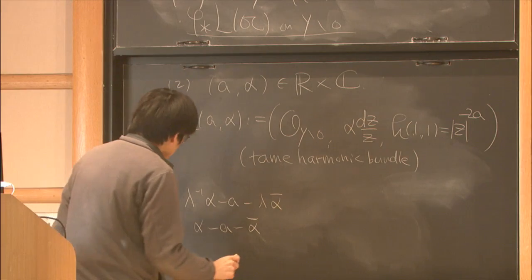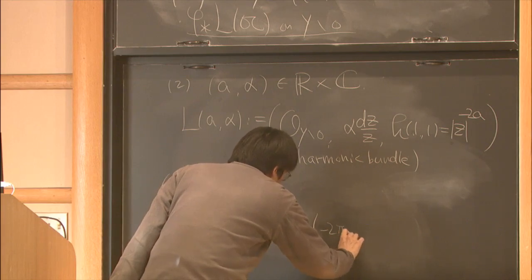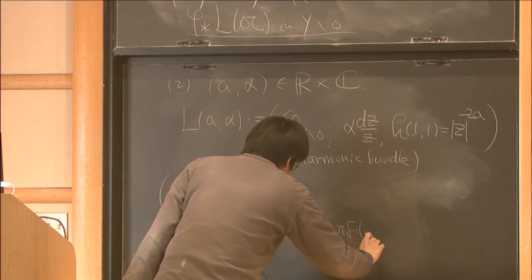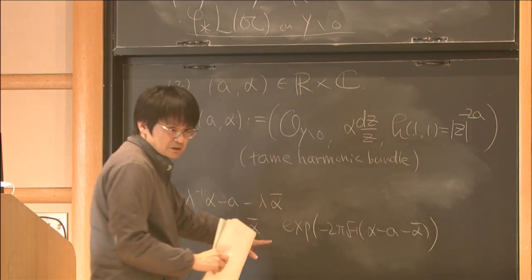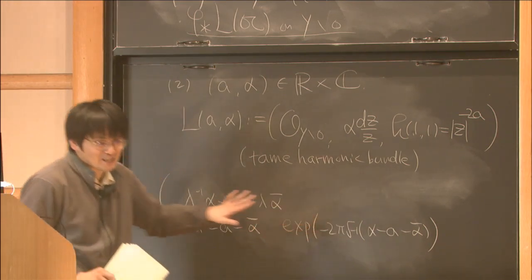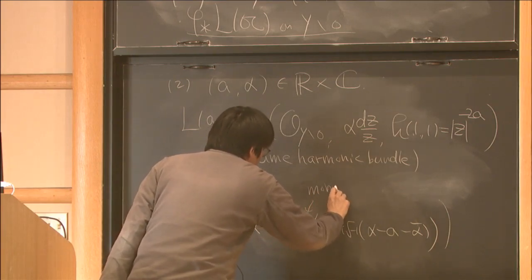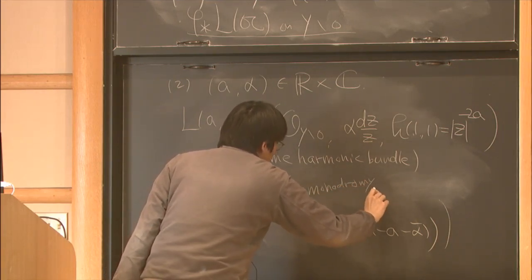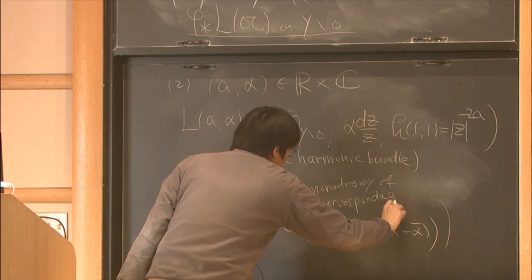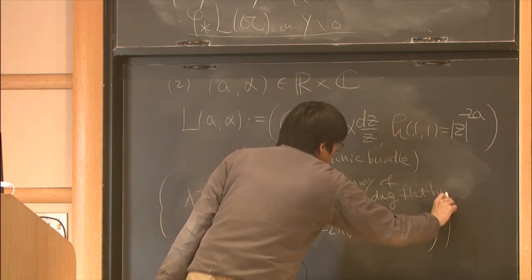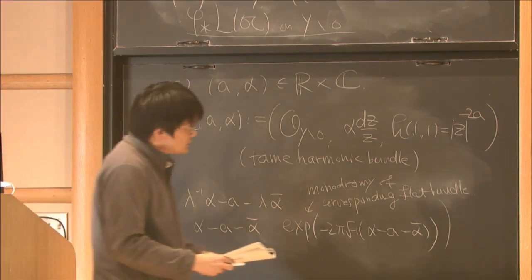So the monodromy is exponential of maybe minus 3 pi to 2 pi root minus 1 times alpha minus a minus alpha bar. This is the corresponding monodromy. So I'm not sure about this sign, but okay.